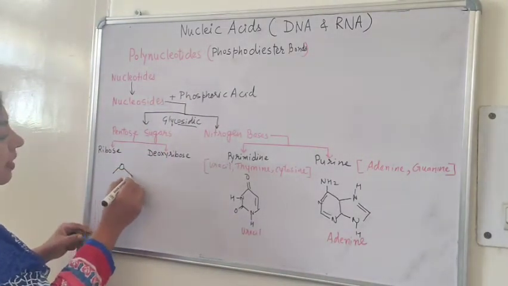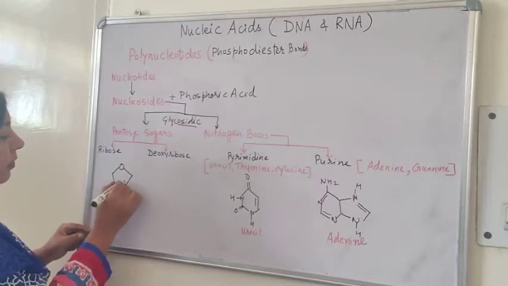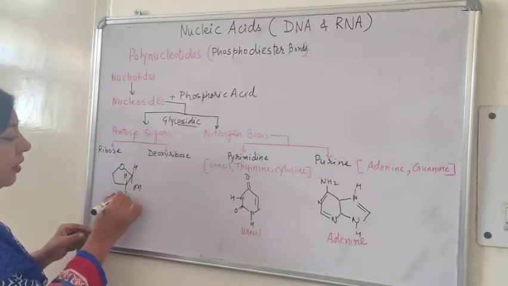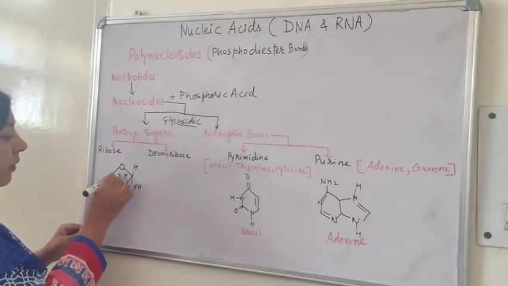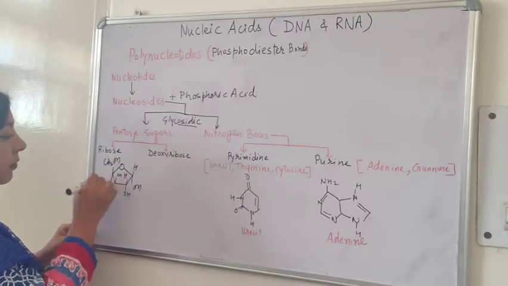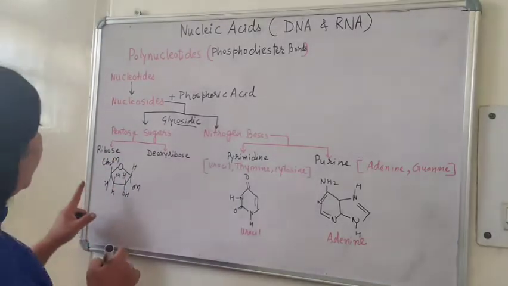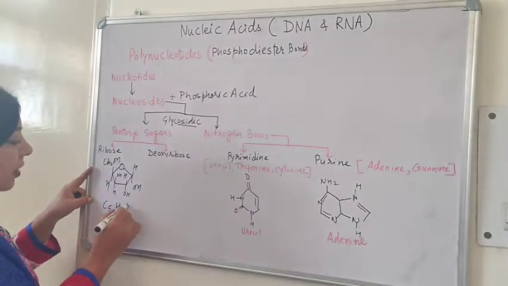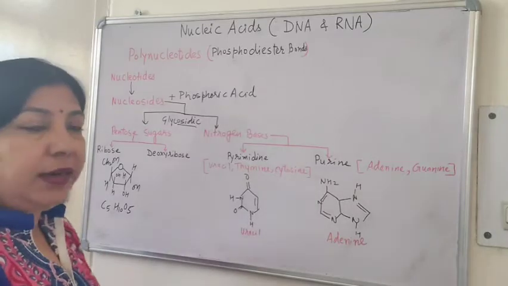Ribose structure is like this. So it is a pentose sugar having this structure. This is ribose. The formula is C5H10O5. Last time we studied.